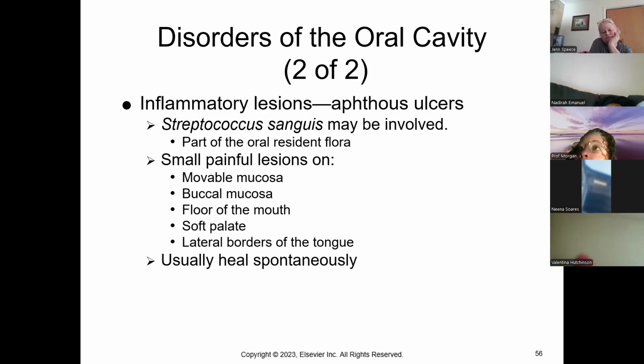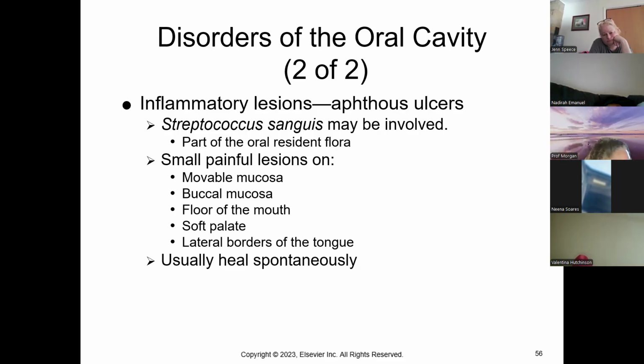Candidiasis or thrush is a common fungal infection, and it usually happens in people that have been on broad spectrum antibiotics for a long time, like vancomycin. If they're on chemotherapy, if they take a lot of steroids, people that are diabetics, people that are immunosuppressed.